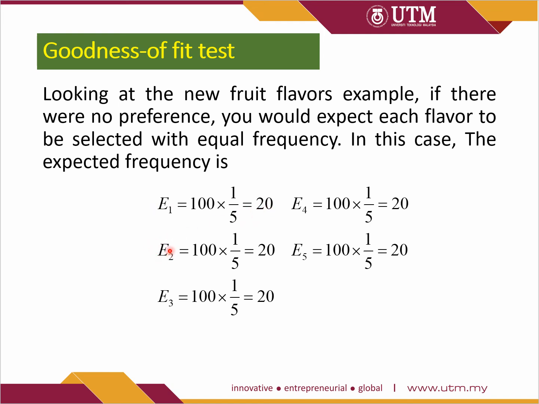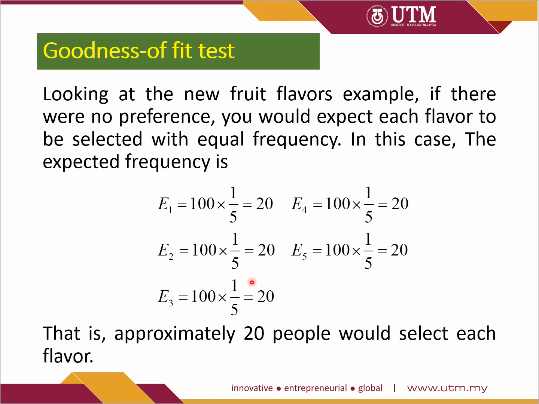The same goes for the second flavor, which is equal to the total number of observations times the probability of choosing the second flavor out of 5 flavors, 1 over 5, which is equal to 20. The same goes for the third, fourth and fifth flavors.